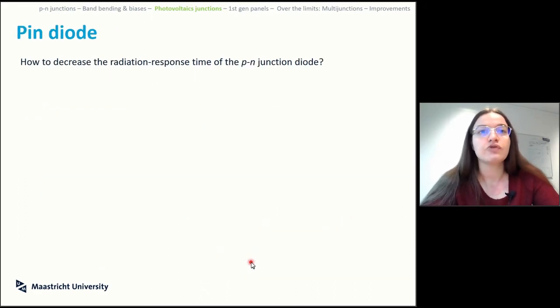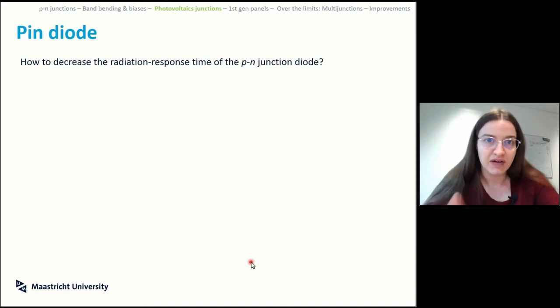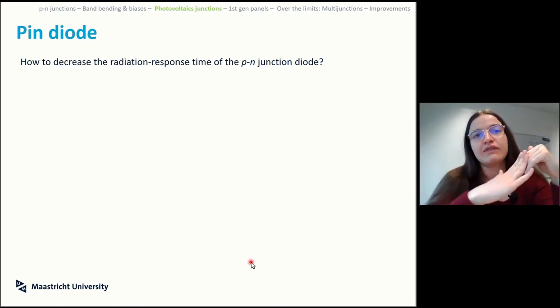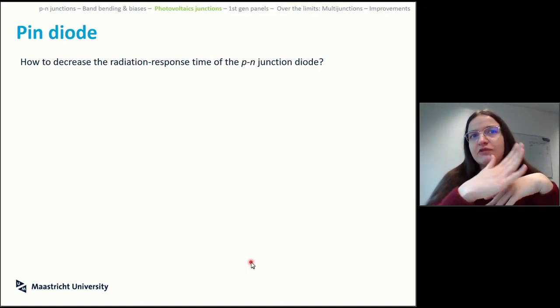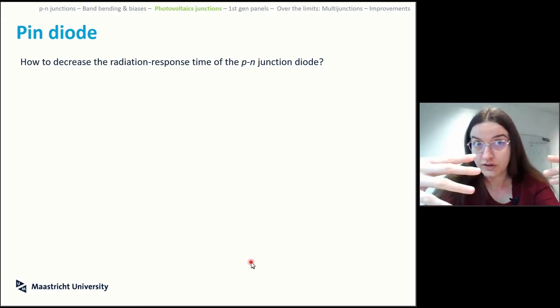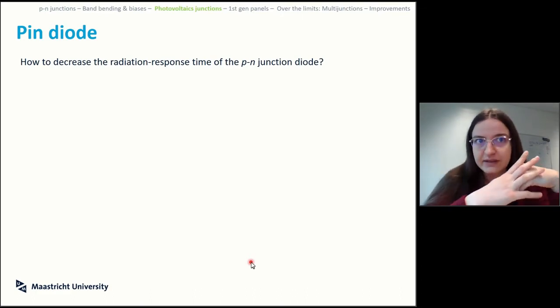So how can you make sure that you have the fastest possible response to the lowest, tiniest amount of light that you put on your material? Since we saw that to be able to have a response from your material, you need to apply a potential to your junction, and the junction has a band bending based on this depletion zone.